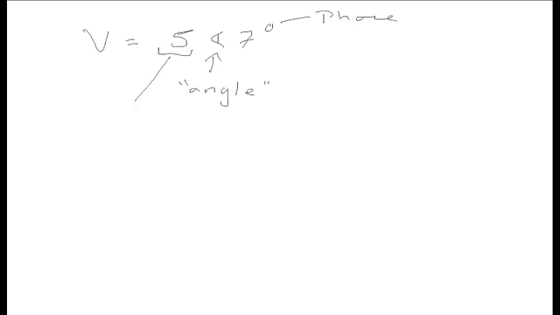But the question you have to ask yourself, and always be careful, is this Vm or VRMS? It doesn't really matter which one it is, because we're dealing with phasors, and we know they're sinusoidal inputs, we can just multiply between the two. However, you just need to know which one it is.